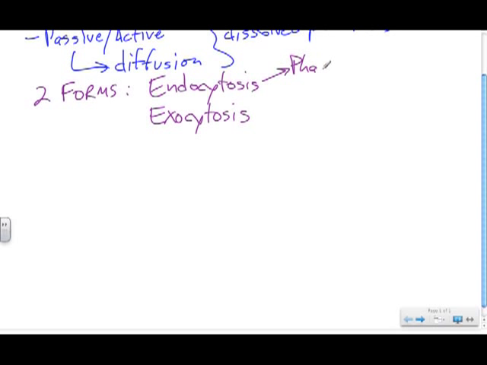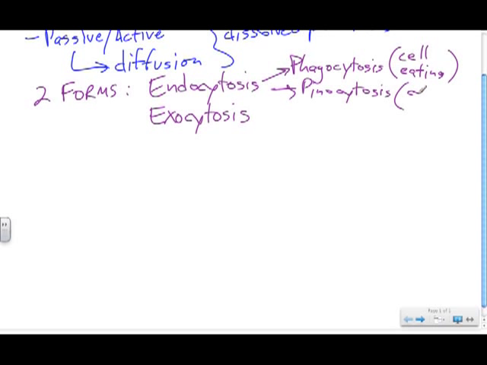phagocytosis, which is pretty much what we call cell eating, and pinocytosis, which is pretty much cell drinking.